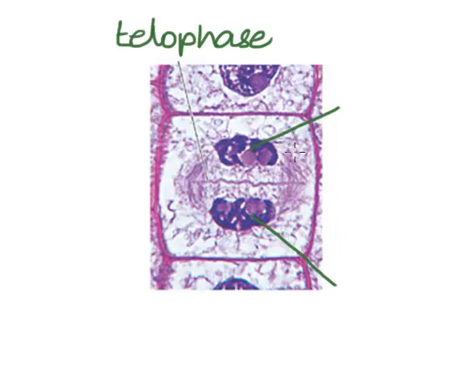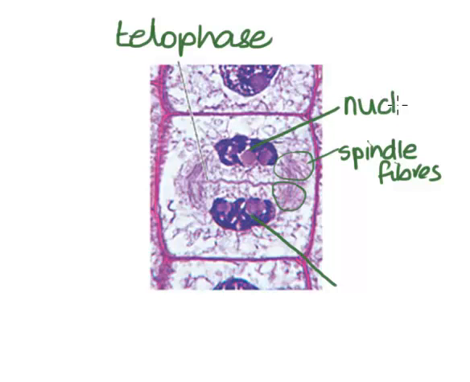We can even, if you look carefully, see the remnants of the spindle fibers. And at each pole of the cell we can see the new daughter chromosomes becoming the new nucleus. The chromosomes are no longer condensed, they're going back to their network phase.